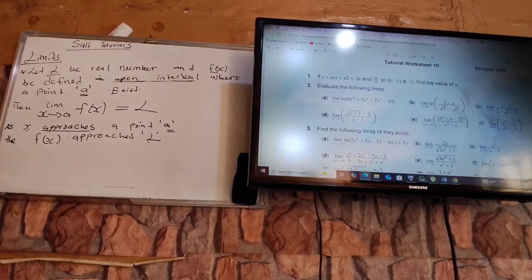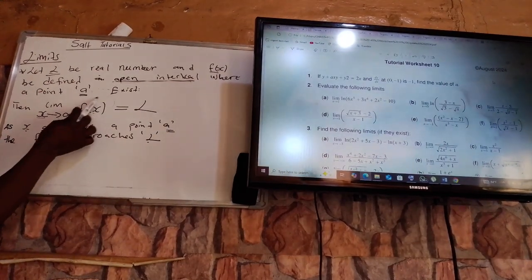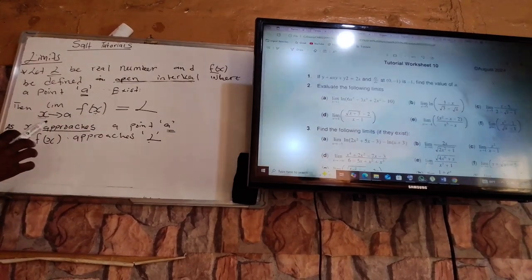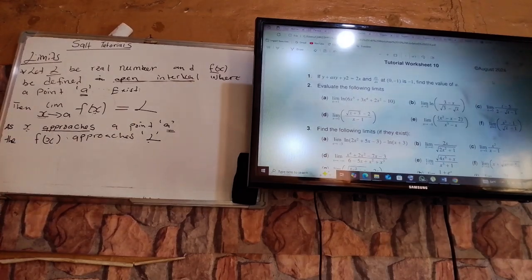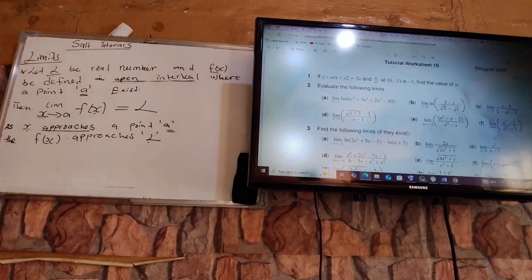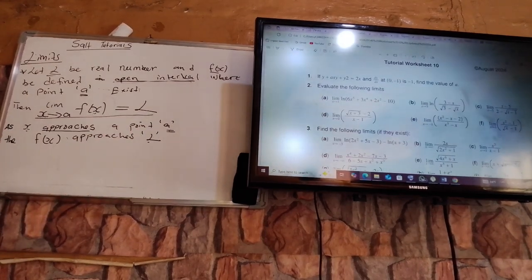So basically what is happening here is that, remember, x is the input value. Whatsoever you insert in f of x, the x value, we are going to have the whole function f of x approaching a certain real number L. So in simple terms, we are just saying that finding the limit is just as good as evaluating f of x at that point.